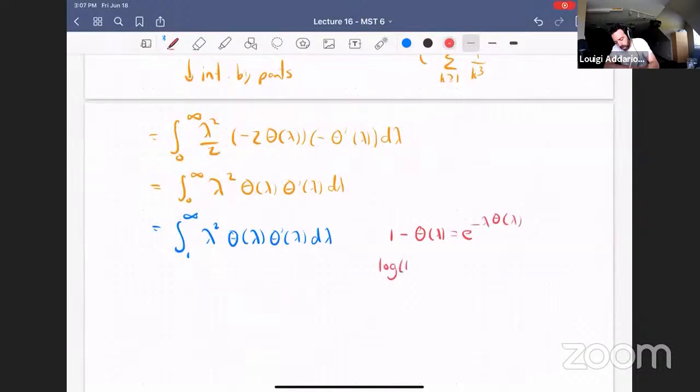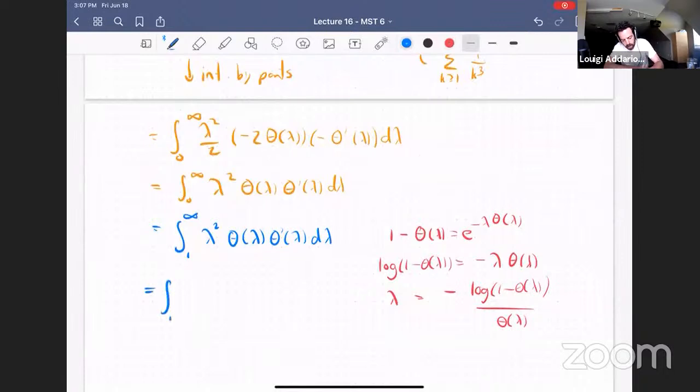So that tells us log (1 minus theta) is minus lambda theta, right? So in other words, lambda is minus log (1 minus theta) over theta. Okay, so let's plug that in here. That tells us that this integral is the same as the integral of log squared (1 minus theta).